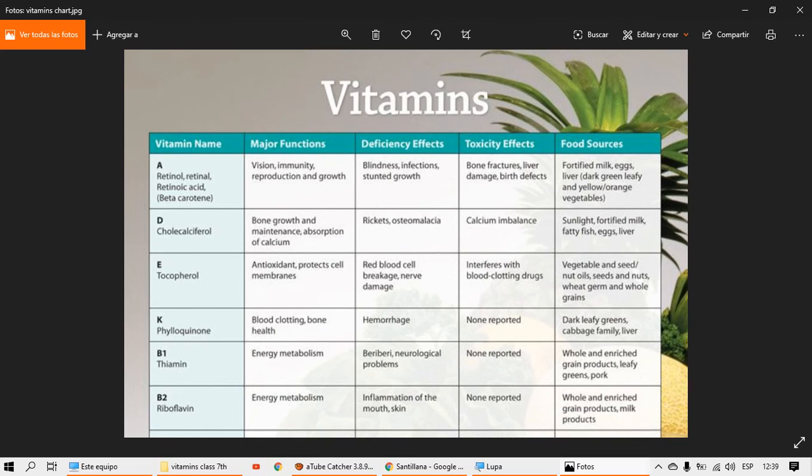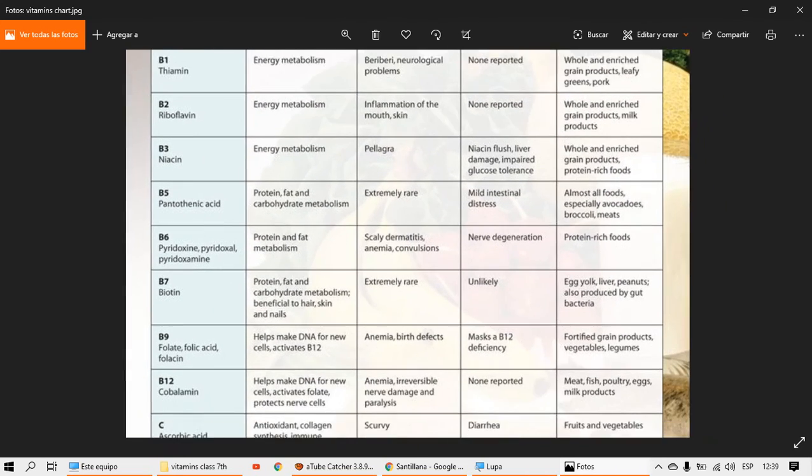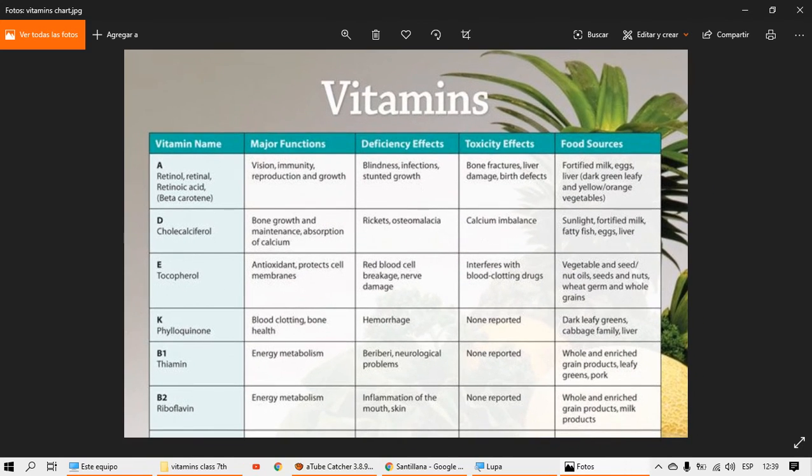Vitamin A, vitamin D, E, K, B1, B2, B3, B5, B6, B7, B9, B12, vitamin C, and the major functions, the problems when we have deficiency in these vitamins, the toxicity effects, it means when you exceed the normal amounts of the vitamin, and in which kind of food we can find these vitamins.